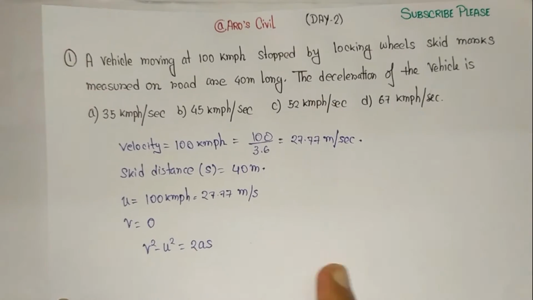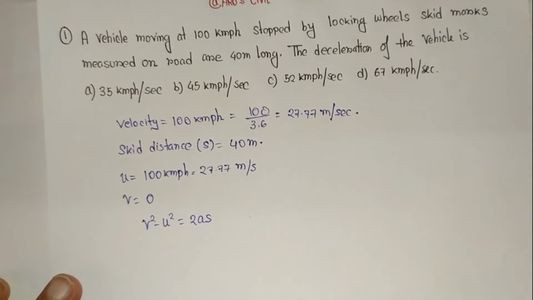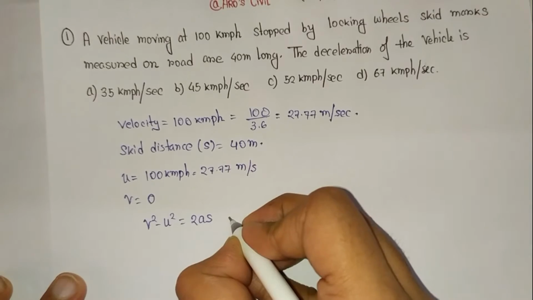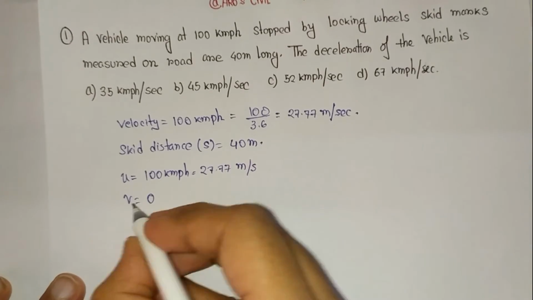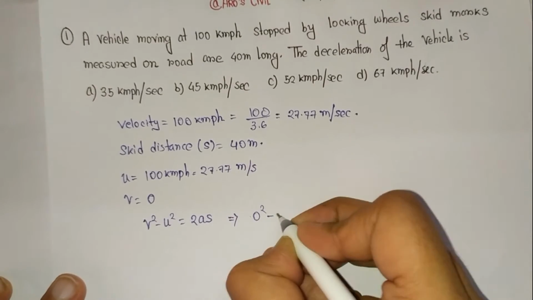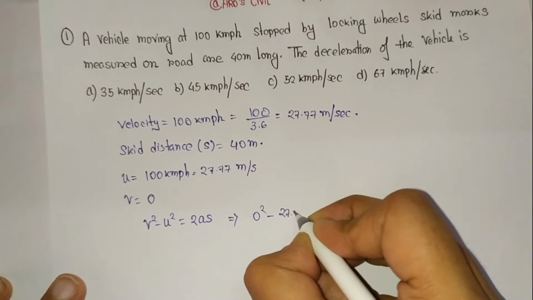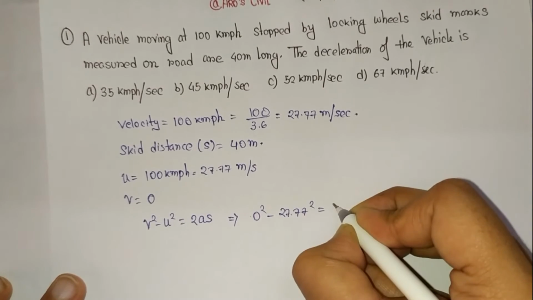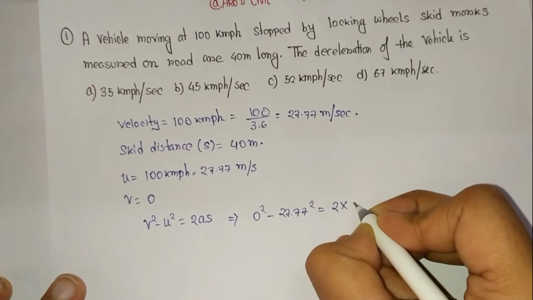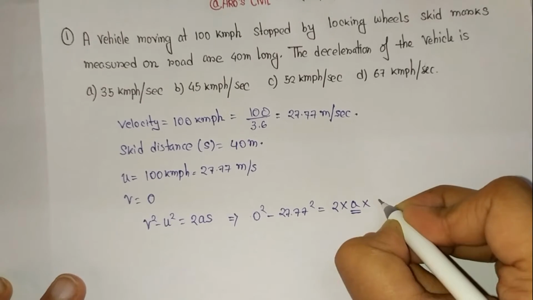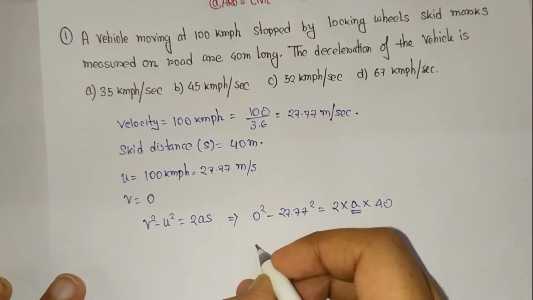We have read this formula in physics, in class 11. If we put the values, 0 square minus 27.77 square equals 2 into a, since we have to find the deceleration value, into s, which is 40 meter.